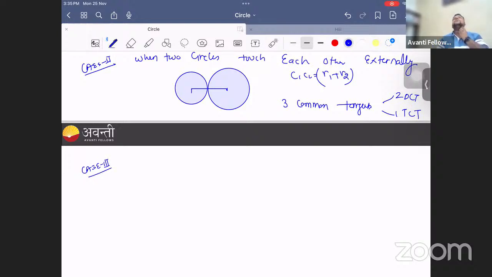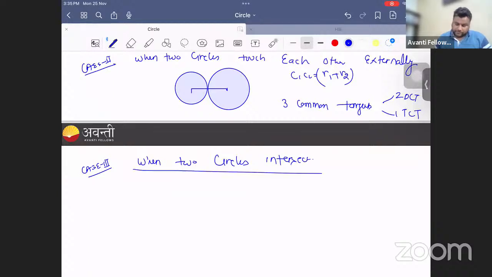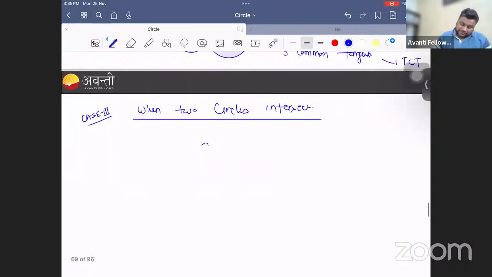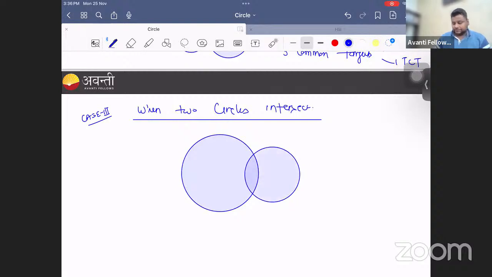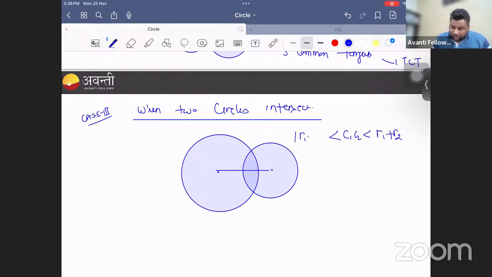Now case three: when two circles intersect. The matter is something like this. One circle is this and the other circle is this. Got it? In this case, C1C2 will be less than R1 plus R2, but it will be more than mod R1 minus R2.